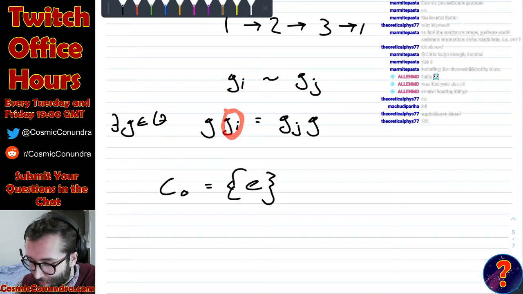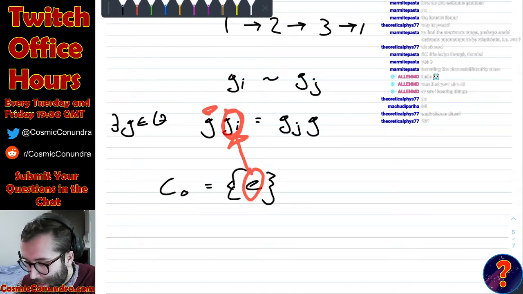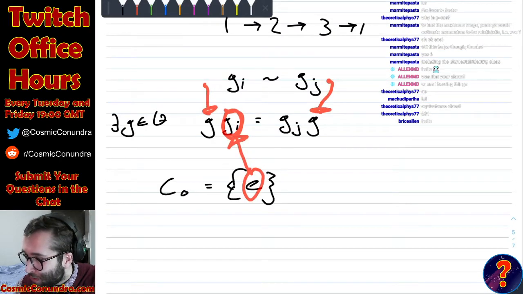So in this case, if we're looking for things in the same conjugacy class as E, we put E into here, and then we would run through all the other group elements, G, to see which elements will multiply in this way to give some different group element here.